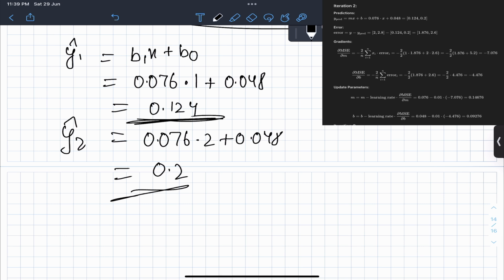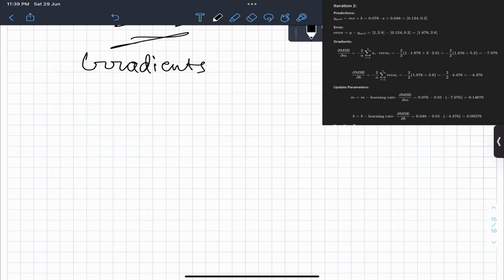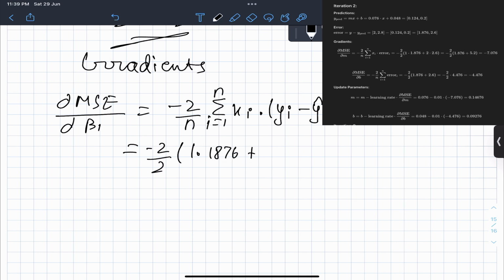So we'll do the gradients for beta 1, the MSE with respect to beta 1, which will be this, and xi into this, by 2, 1 into 1.876 plus this point 2 into 2.6.